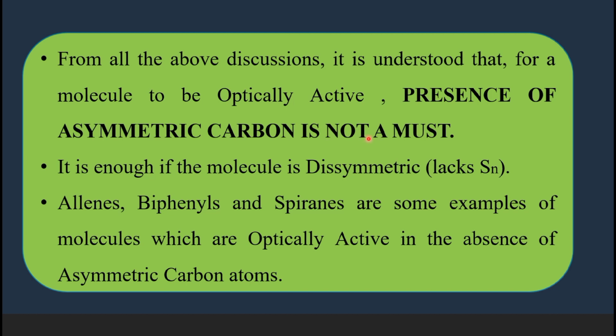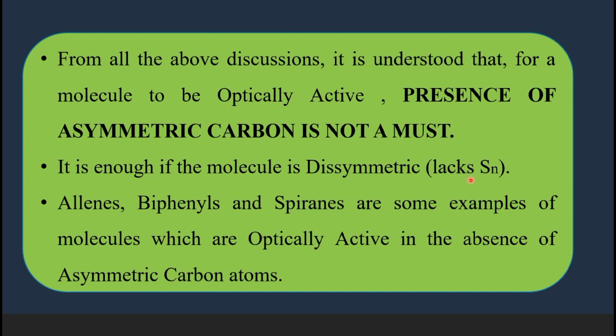Instead, the molecule has to be dissymmetric. The molecule should lack Sn, should not have sigma, I or any other Sn operations. So lack of Sn is enough for a molecule to be optically active, which means the molecule has to be dissymmetric.